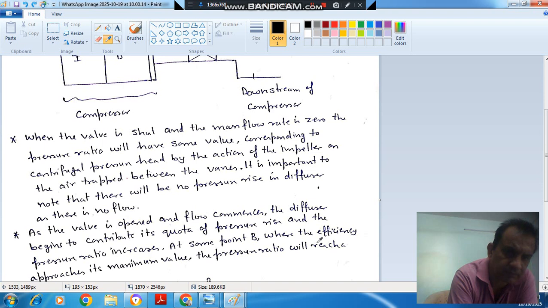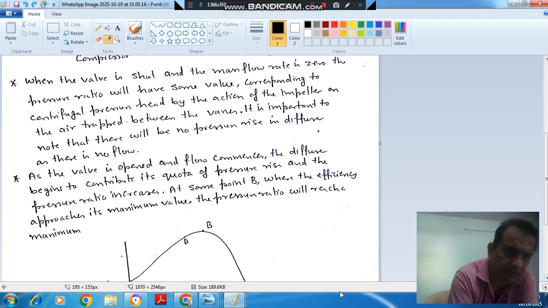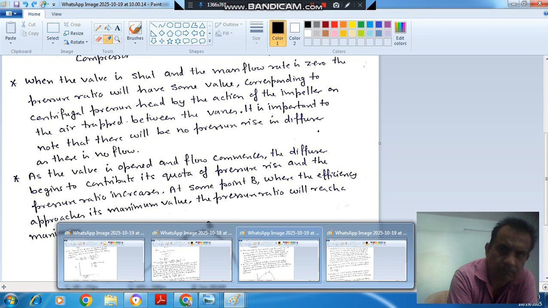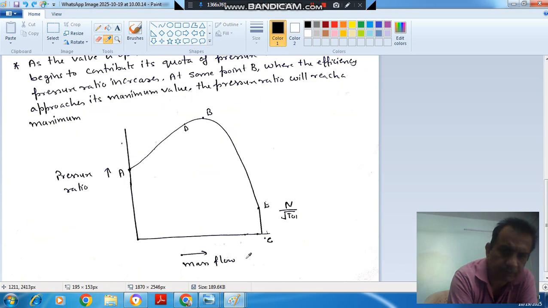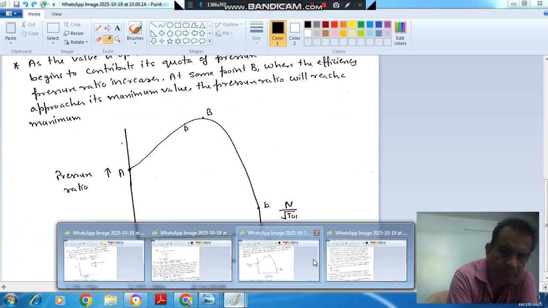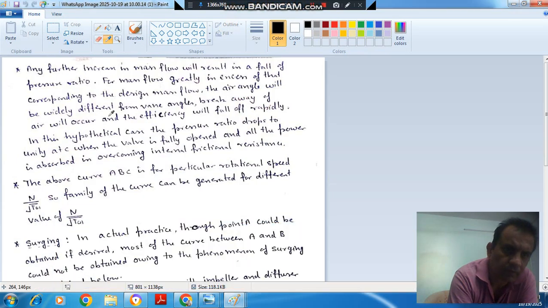At some point B, where efficiency approaches the maximum value, the pressure ratio reaches a maximum. Here, and then any further increase in mass flow will result in a fall of pressure ratio.